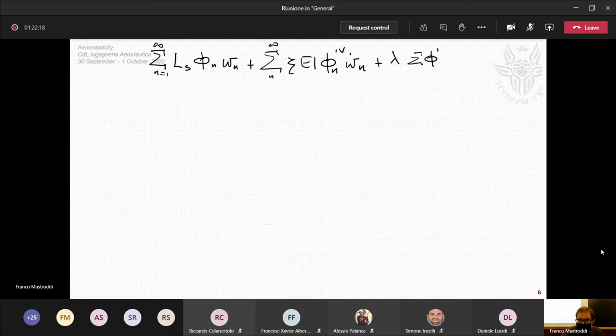Excuse me, aerodynamic damping. No, excuse me. This is the aerodynamic part. This is accurate theory, fundamentally. Plus this part is the aerodynamic damping as well.